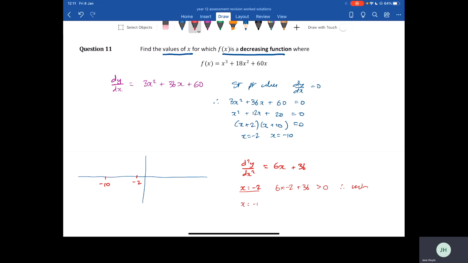And when x is negative 10, I'm going to have 6 times negative 10 plus 36. That's less than 0, so I've got a max. But again, because it doesn't say I need to find d2y by dx squared, and because we know what cubics do, that's a positive cubic.